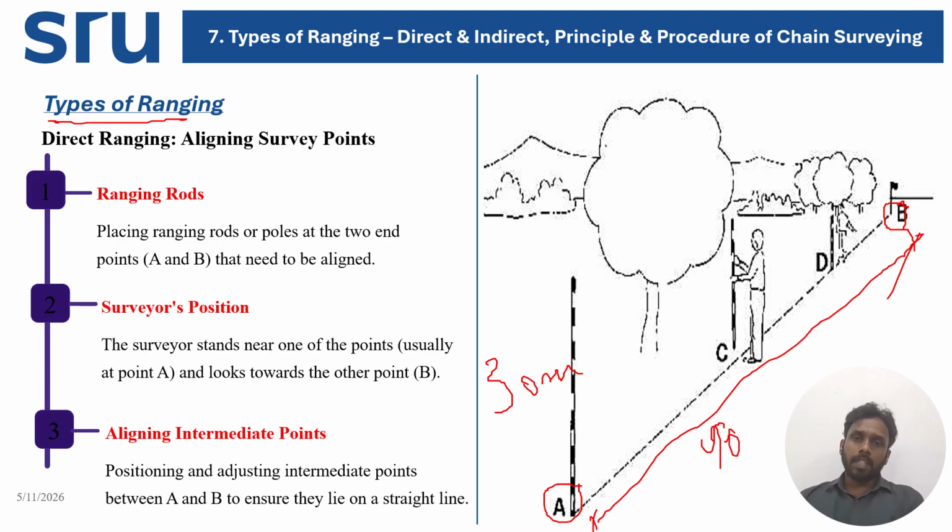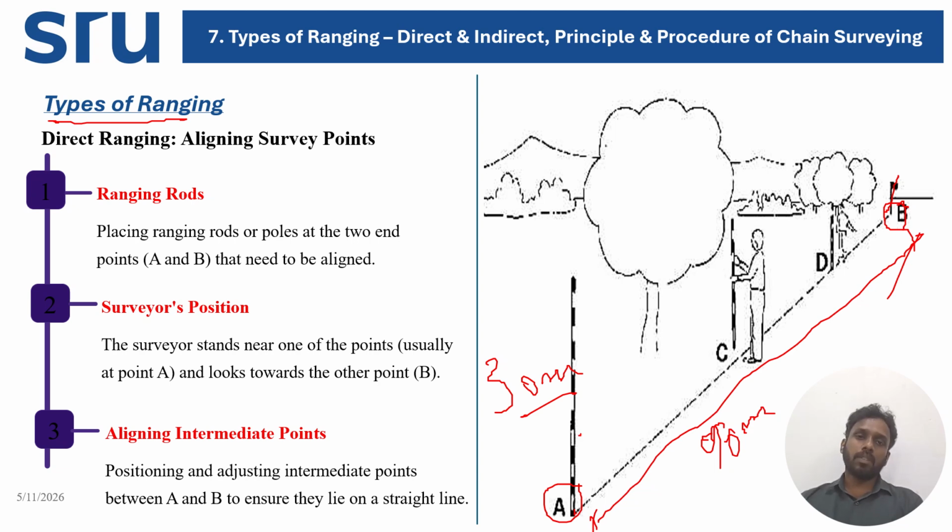You have a tape of only 30 meters, but the distance is more than 30. We are assuming this distance may be 90. In that condition, you have to fix a ranging rod here and a ranging rod here, right? A person from this point should regulate you to align with your center point, which is aligning with your ranging rods A and B, right?